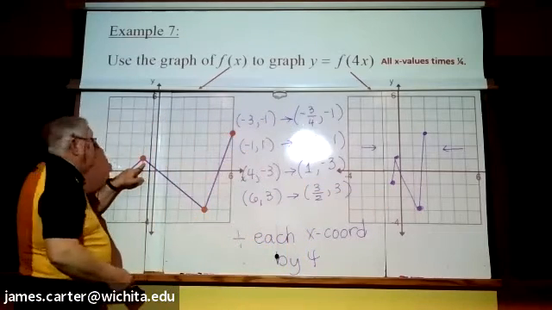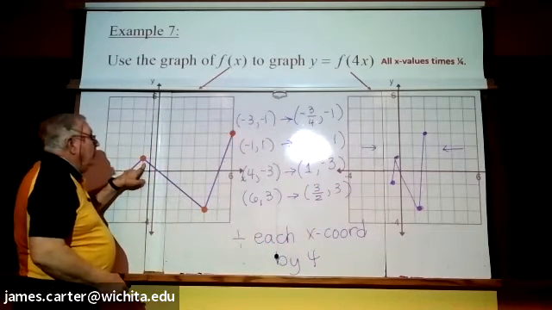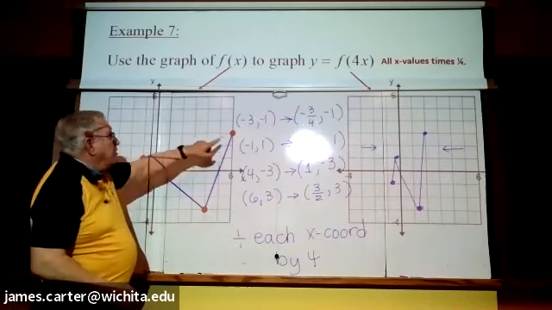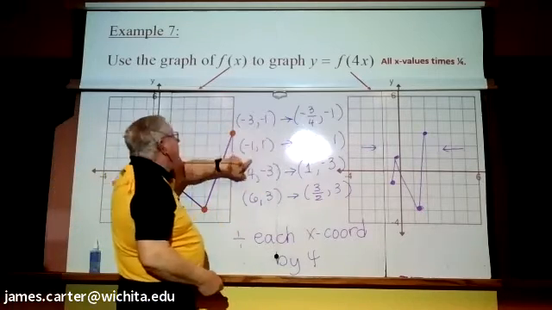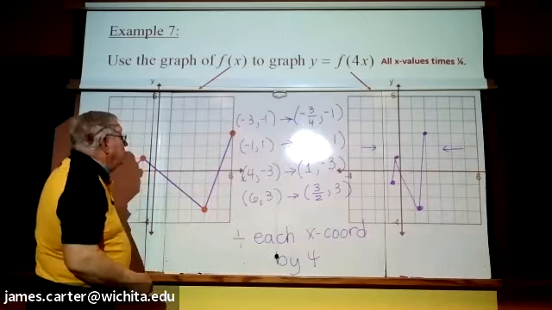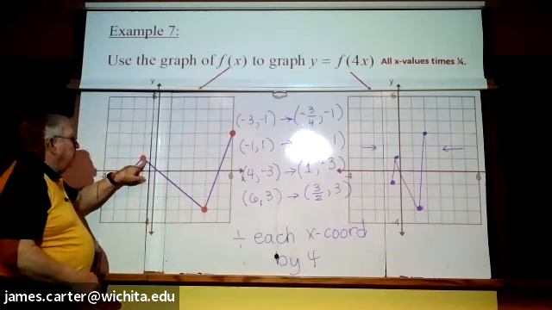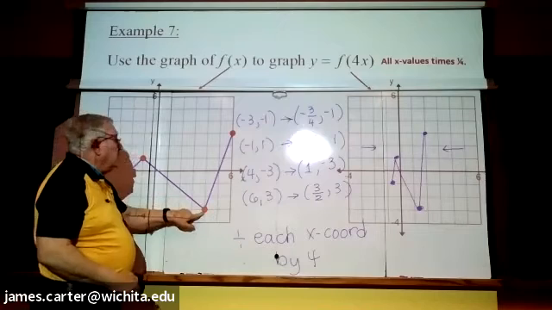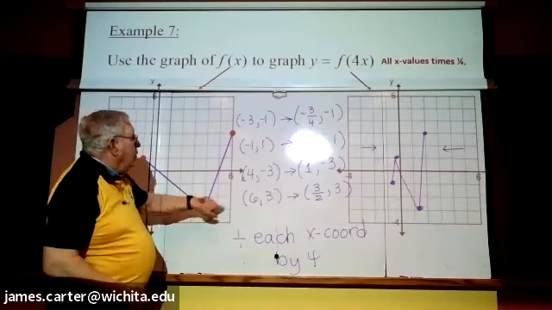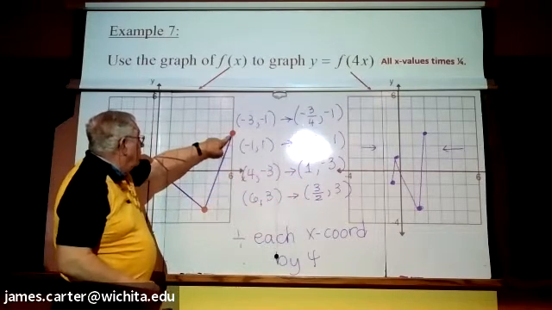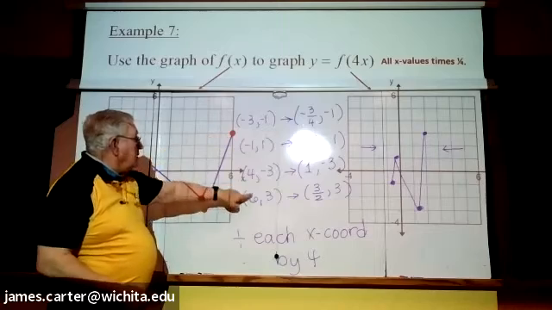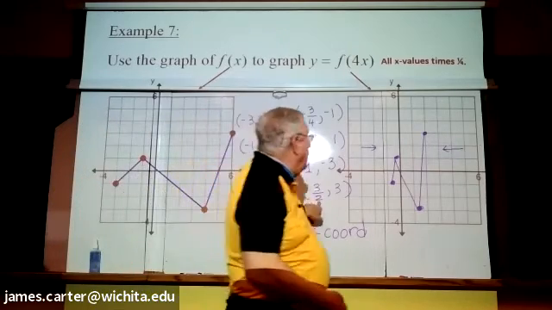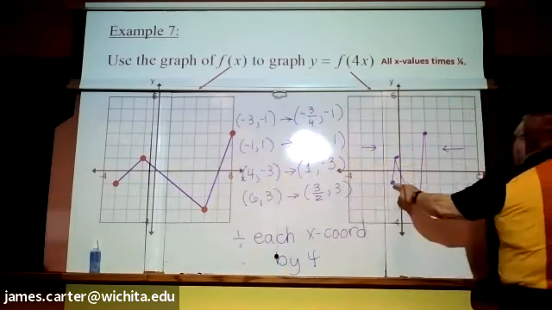This point, you notice the y's are not changing. The x's are changing by the reciprocal of that 4 up there. So instead of this one being -1, then x would be -1/4. And here, instead of x being 4, it would be 1. And here, instead of x being 6, it would be 6/4, which is 3/2.